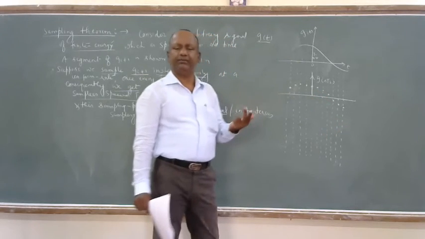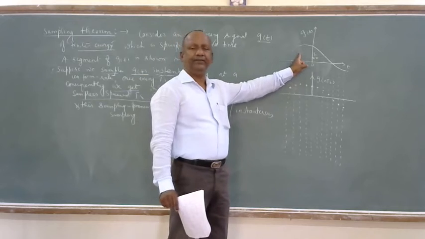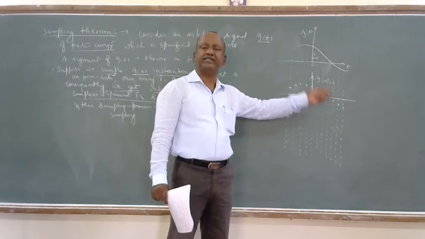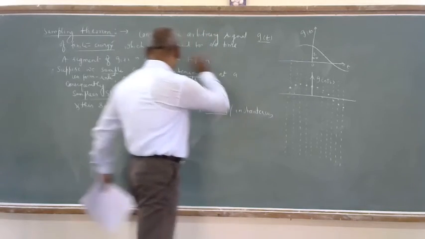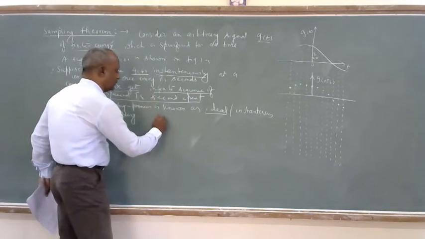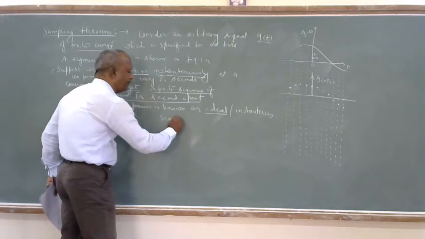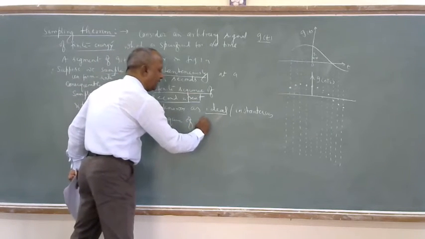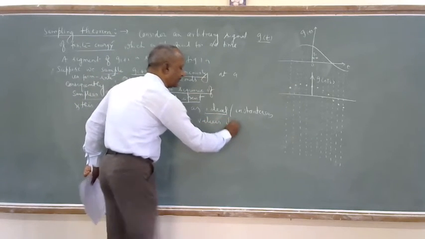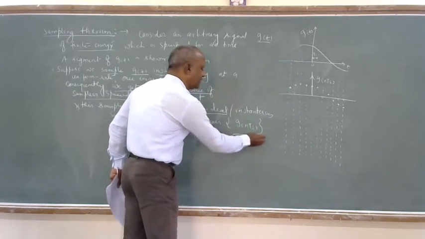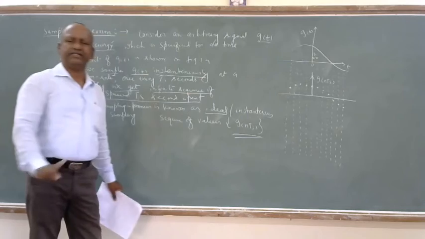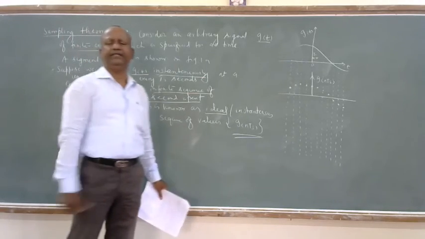When I do the sampling of a given analog signal, the output of the sampling process is a sequence of values or numbers. Therefore, I represent it as a sequence of values g of nts. It is not a signal at all. It is not a signal, just a number, a value I am getting.